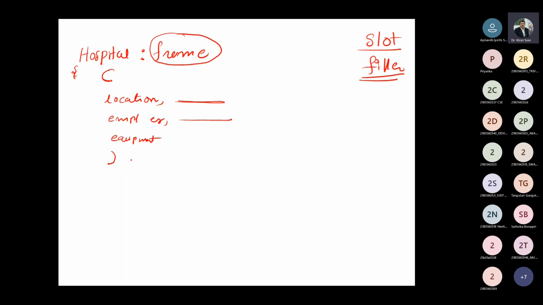In that frame, you have a hospital, and the name of that hospital can be there, so I will write the name also. And there is another hospital called a dental hospital in this. Assume that it is a subframe.